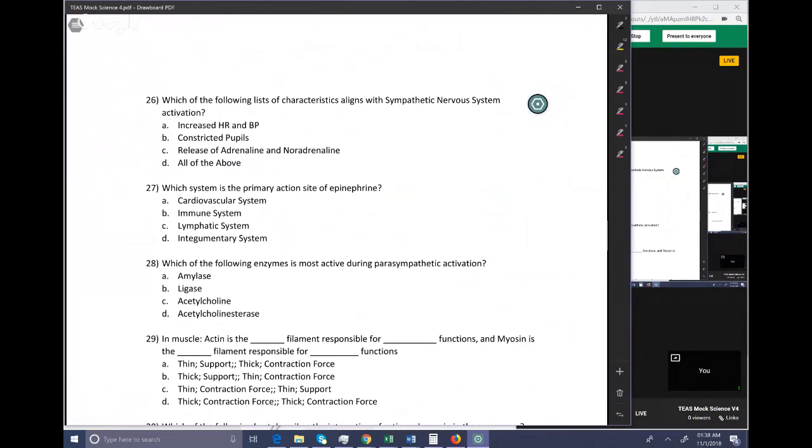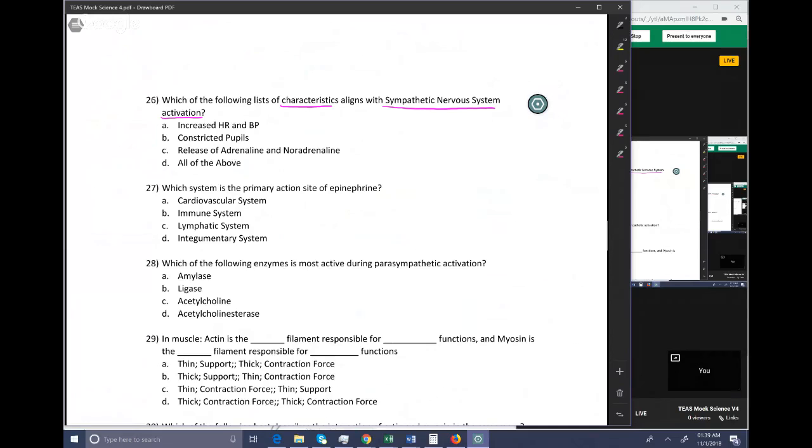This one, as well as one that's coming up two questions from now, are kind of the trickier ones where they try to put the systems together. The list of characteristics for sympathetic activation are what you would find in your notes under the properties of sympathetic, or the things that happen with sympathetic.